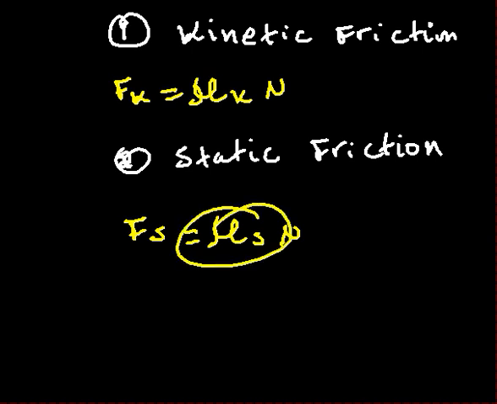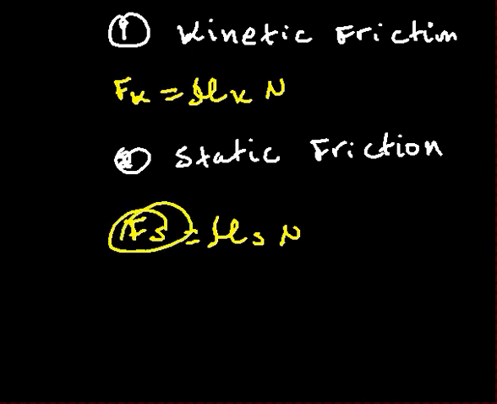Whenever an object is moving, the associated friction is the kinetic friction force, and whenever the object is at rest, the associated friction is the static friction force. So keep that in mind.